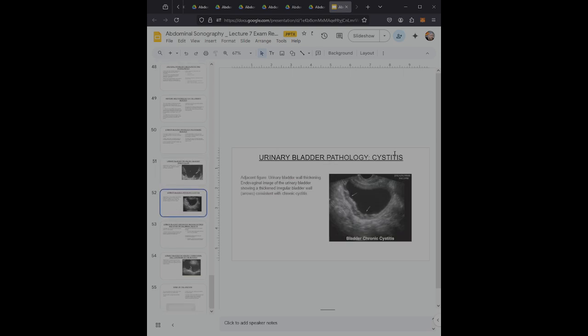Urinary bladder pathology, in this case cystitis, is inflammation of the urinary bladder, and this is where the hypoechoic bladder wall may become focally or diffusely thickened, and it may measure greater than 4 millimeters in thickness, and the bladder may contain echogenic layering material within its lumen.